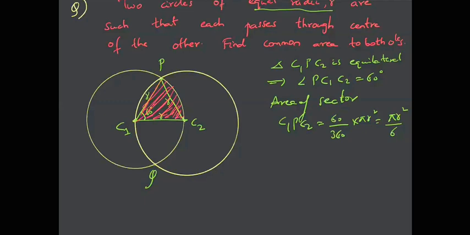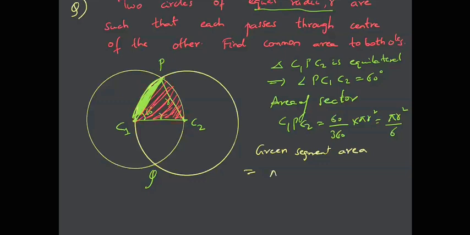Now we want to find this area, this one. Okay, so the green one, this is what we need to find. So how will you find this green area? The green segment area is equal to area of this sector C2C1P minus area of this triangle, right?